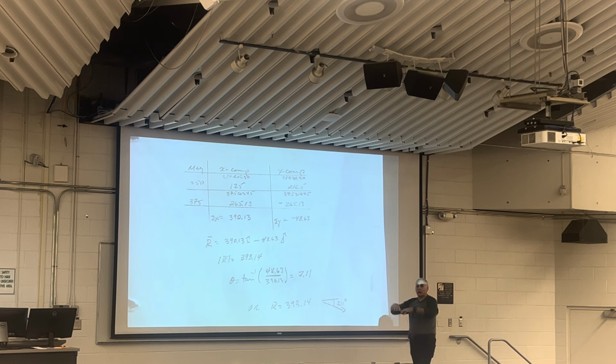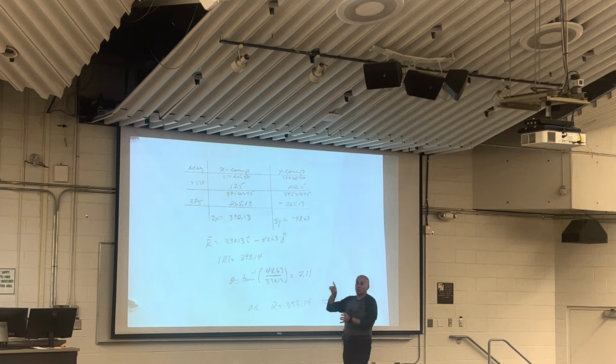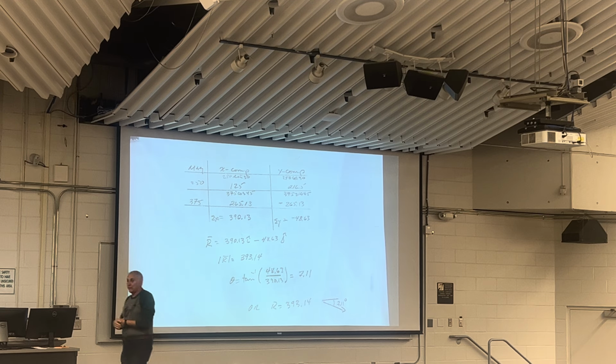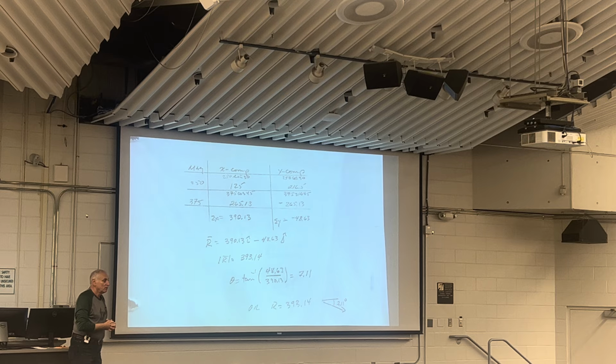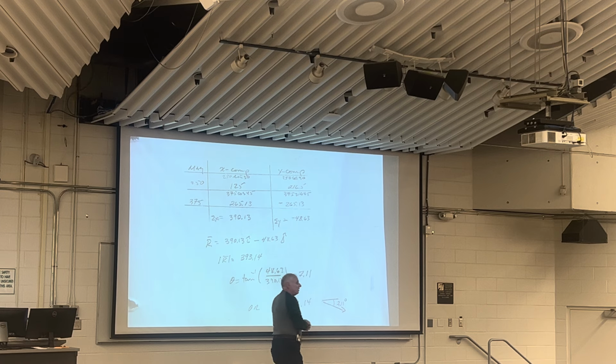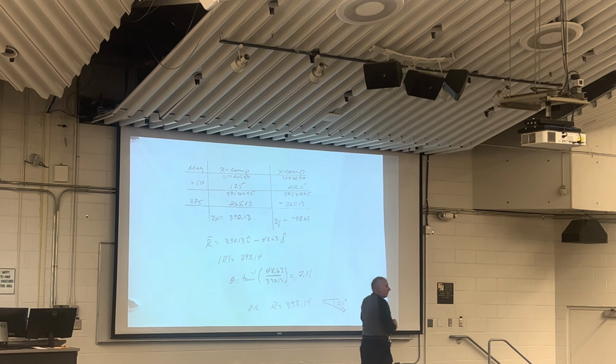Well, if you square, add them together, take the square root, I get 393.14. The result is a little different. The last one was 393.18. How many decimals do you keep?